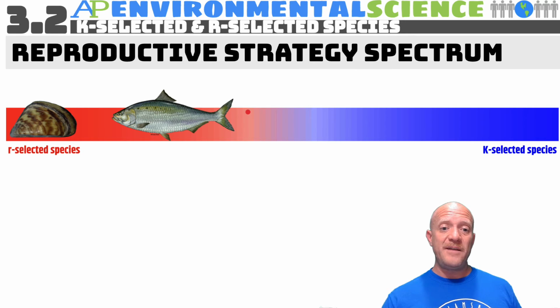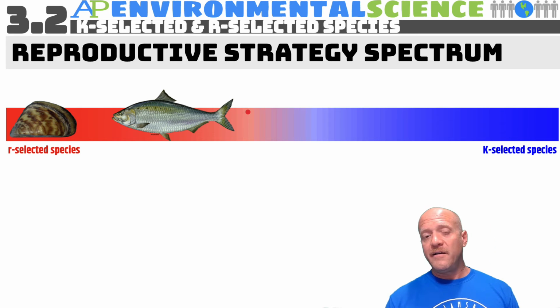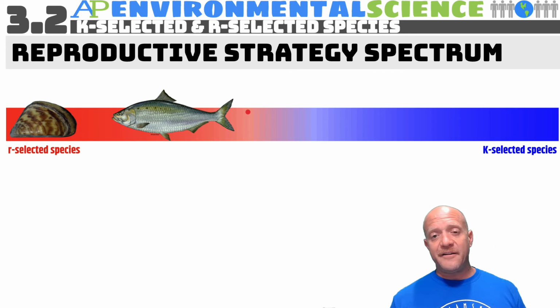But then there might be some, like a fish, that may have fewer reproductive events, may offer some sort of care for their offspring. But basically, it's not either K or R. There is, like I said, a spectrum. So they fall somewhere between K and R.